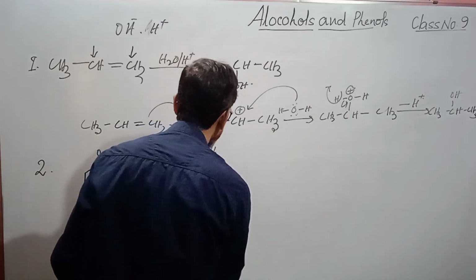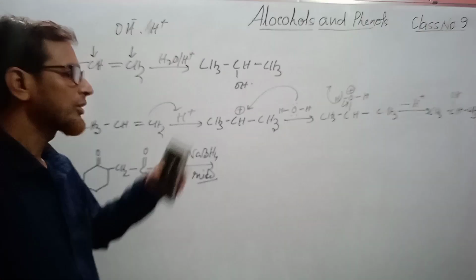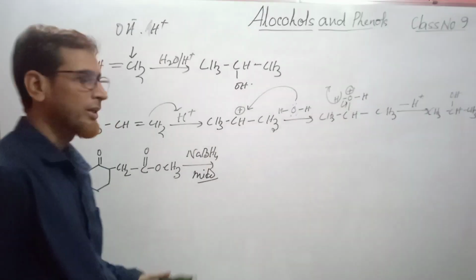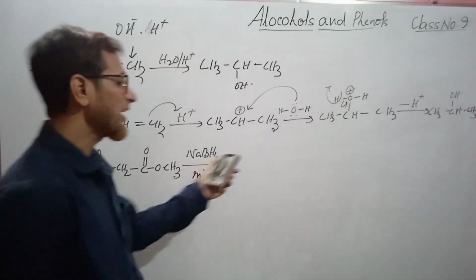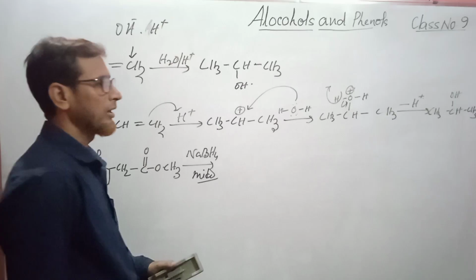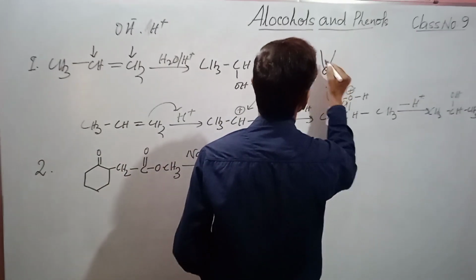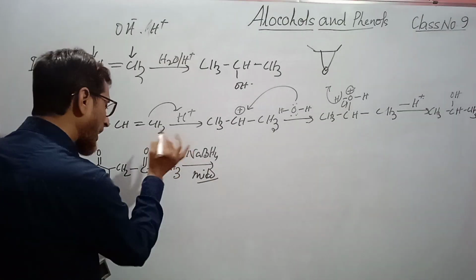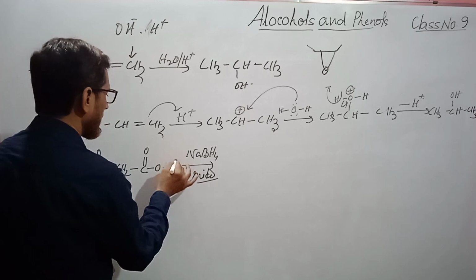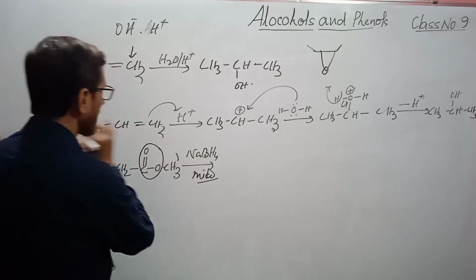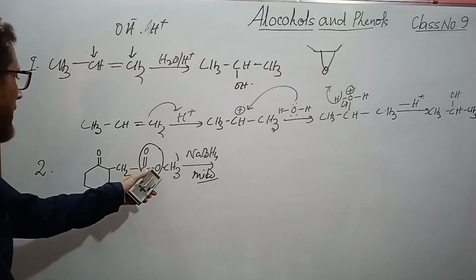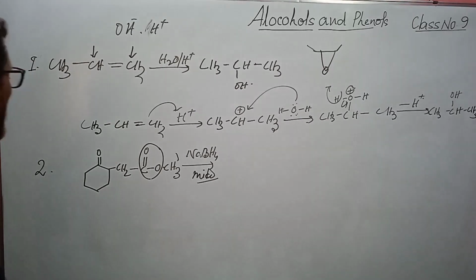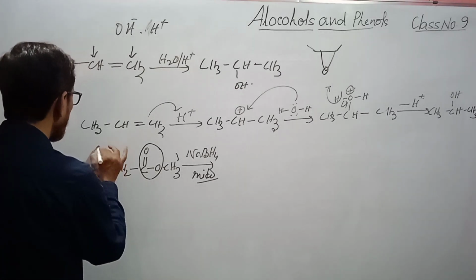I had given an example that it cannot reduce a carboxylic group, it cannot reduce an ester group, it cannot reduce this group. I showed you with an example. So due to this mild reducing action, you cannot touch here. It is an ester group, it cannot reduce the ester group. It will attack here.